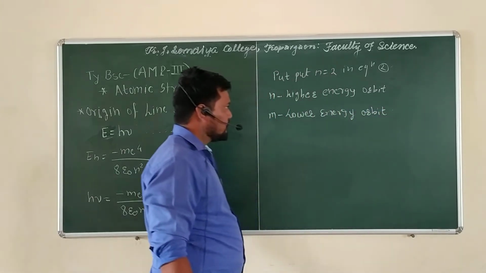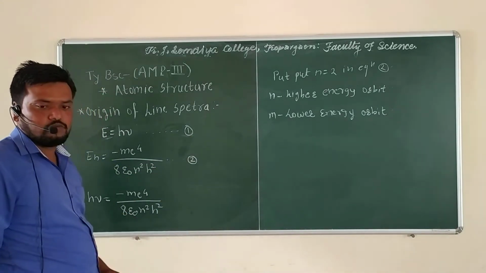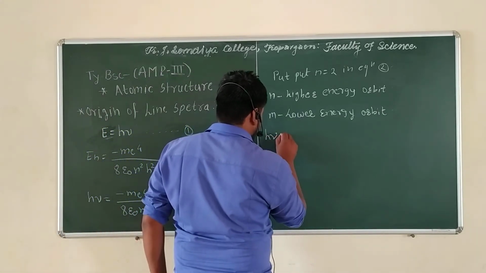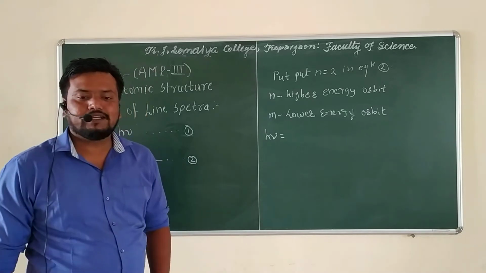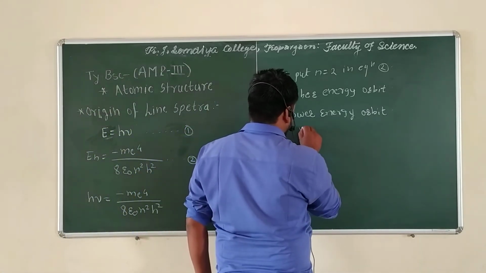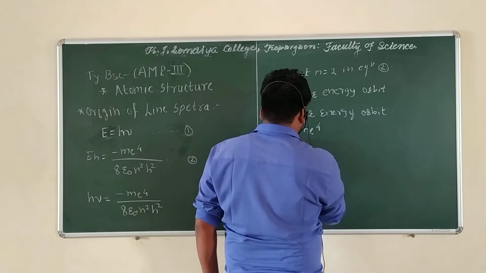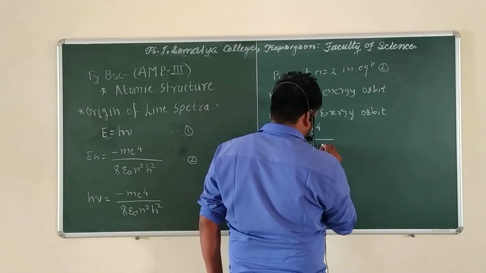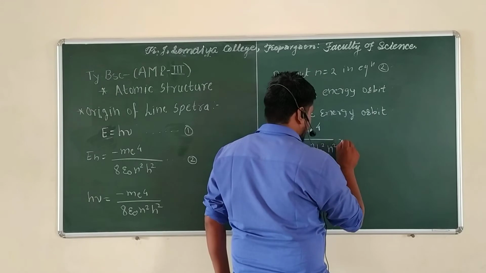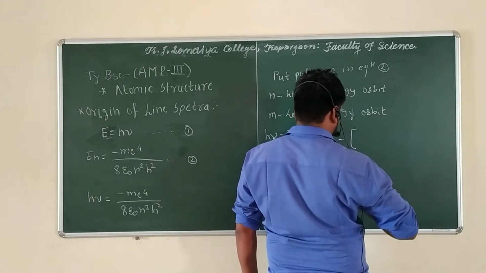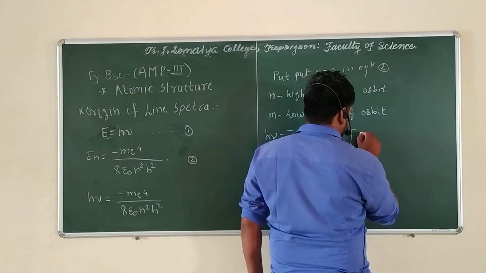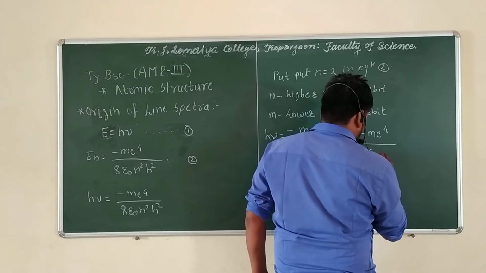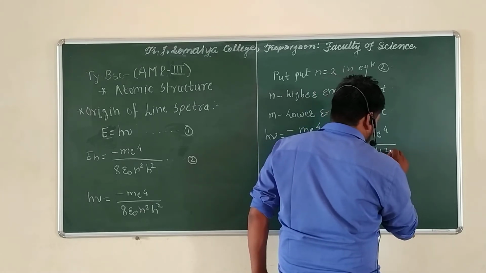Putting this in the formula, we get h nu is equal to, first of all for the higher energy orbit, minus m e to the power 4 divided by 8 epsilon naught whole square h square n square, minus the term corresponding to the mth orbit, that is minus m into e to the power 4 divided by 8 epsilon naught square h square m square.